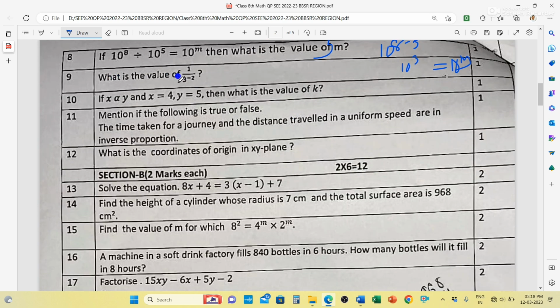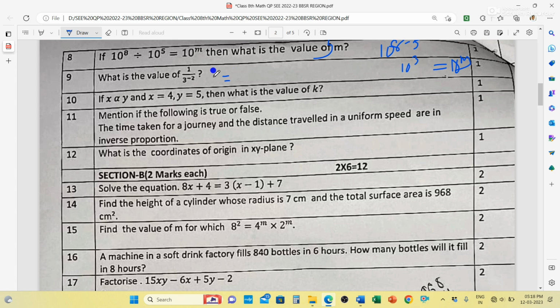Next, what is the value of 1 by 3 to the power minus 2? If you bring 3 to the power minus 2 to the numerator part, that means the upper part, it will become 3 to the power 2, that is 9.